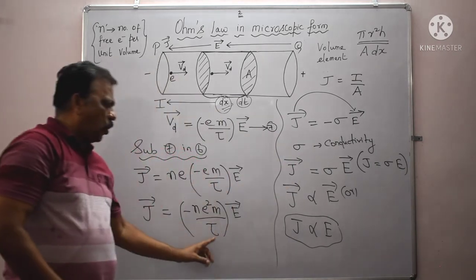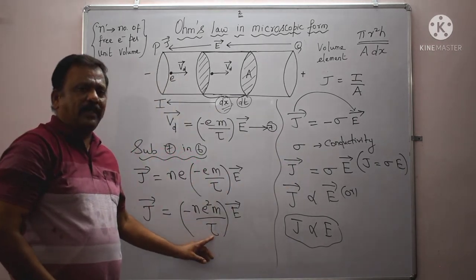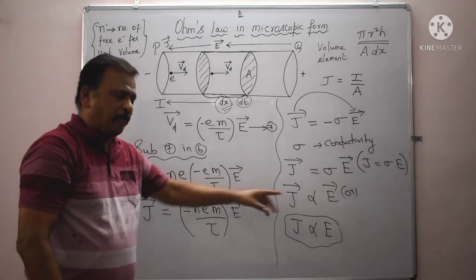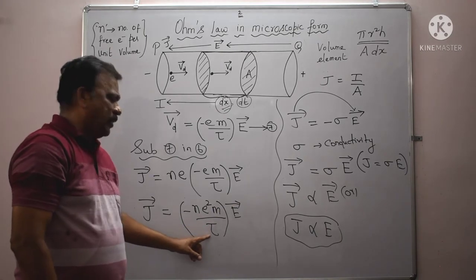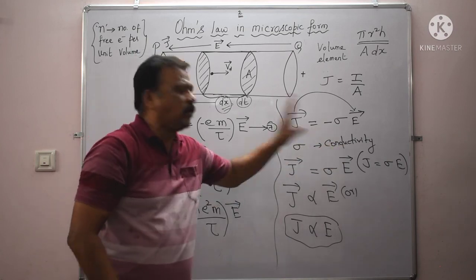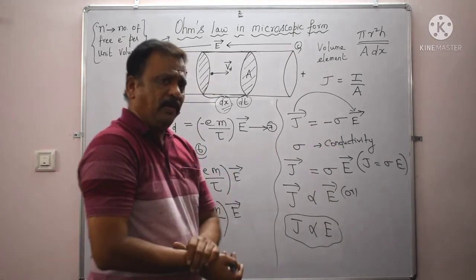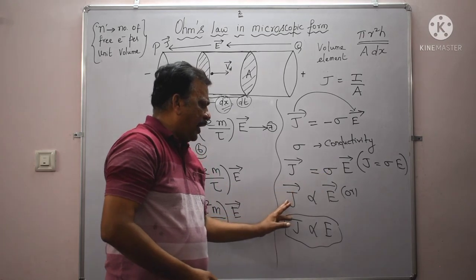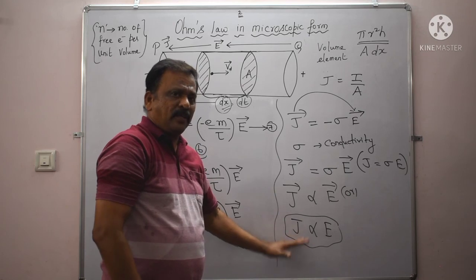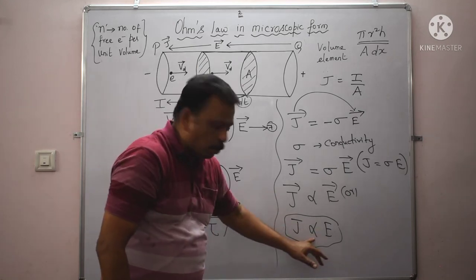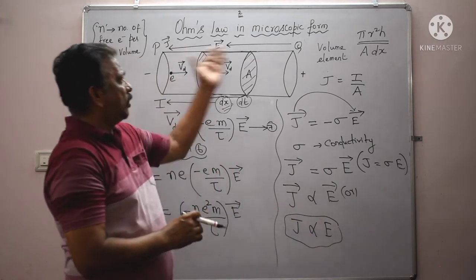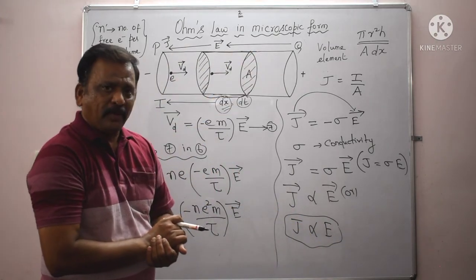If the temperature remains constant, then the average relaxation time will remain constant. If there is any change in temperature, then tau will change. If tau changes, then sigma cannot remain constant; it becomes a variable. If it becomes a variable, then J can never be proportional to E. So at a constant temperature, the current density is directly proportional to the applied electric field. That's all about the microscopic form of Ohm's law. Okay, so thank you.